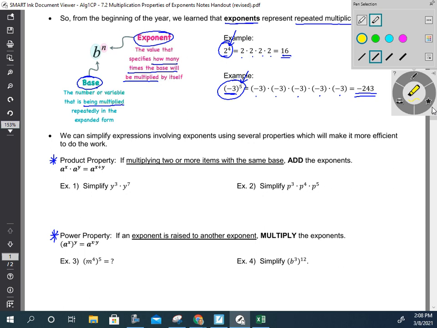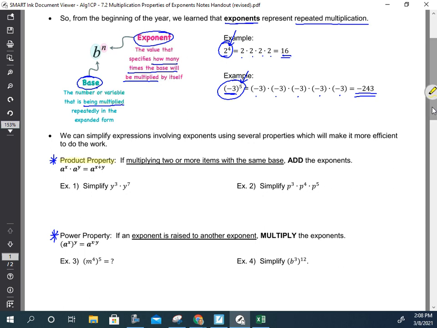So let's start with the product property. You see my highlighters out for me to help you. So the product property. If you are multiplying 2 or more items with the same base, you're going to add the exponents. 2 or more things with the same base, you add the exponents.